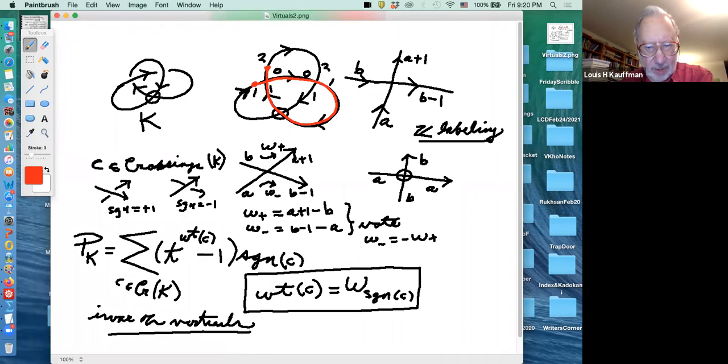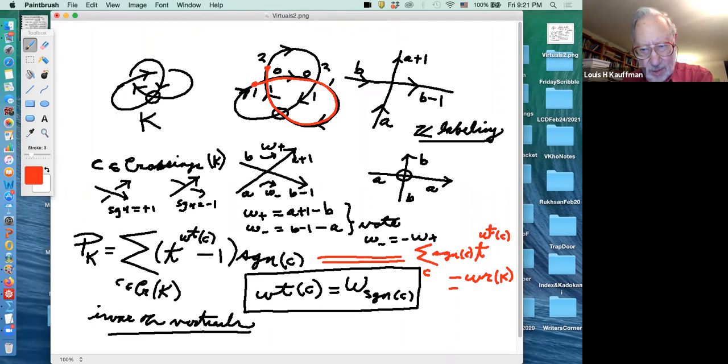I point out to you that what we got here could be reformulated in more than one way before I go doing an example. One way would be, it is the sum over the crossings of the sign of the crossing times t to the weight of the crossing, minus the sum over all the crossings of their signs, minus the writhe of the diagram.